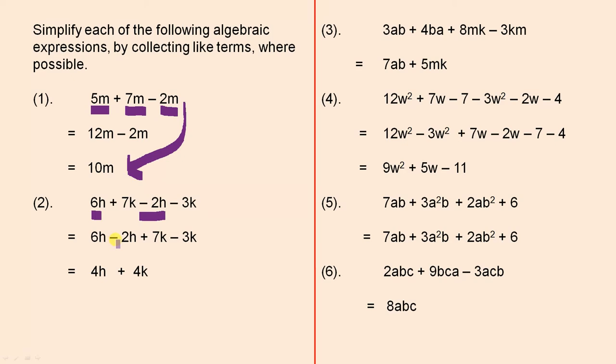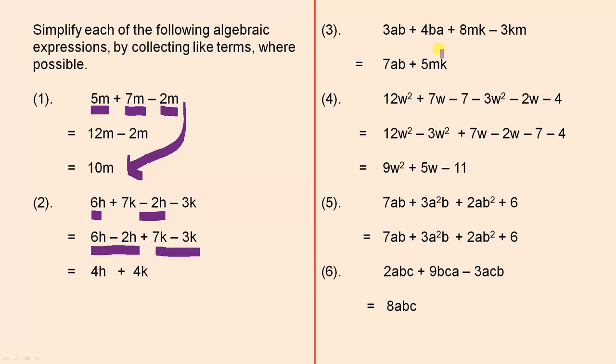So we have 6h minus 2h, so we put those together. Then we have 7k minus 3k, we just put those together. 6h minus 2h is 4h, 7k minus 3k is 4k, so the answer is 4h plus 4k. Now we cannot combine those two together because they are unlike terms. They're different letters.